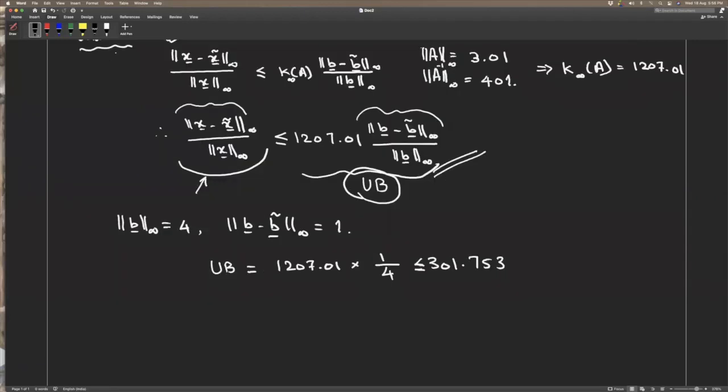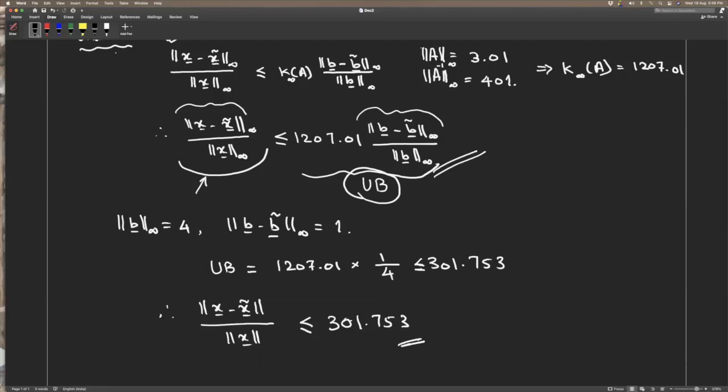Please check this. So x minus x tilde divided by x: up to now, we do not know what this number is because we have not calculated x and x tilde. But what we know is this is surely less than or equal to 301.753. That is what our analysis says.